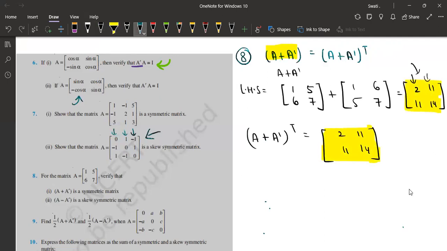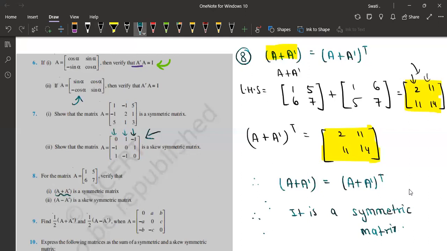What does it mean? It simply means A plus A transpose, that is our matrix, because we wanted to prove this only as a symmetric matrix, is same as the transpose of this particular matrix. Therefore, it is a symmetric matrix. And we are done.